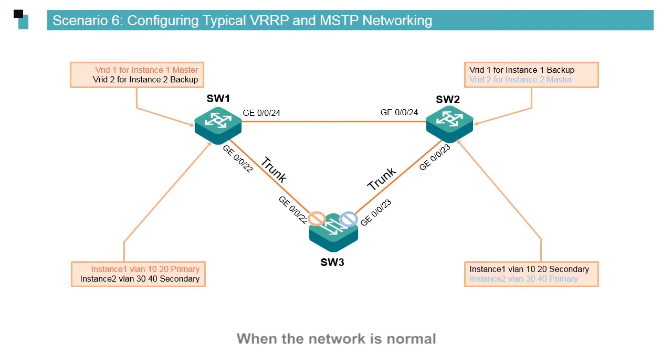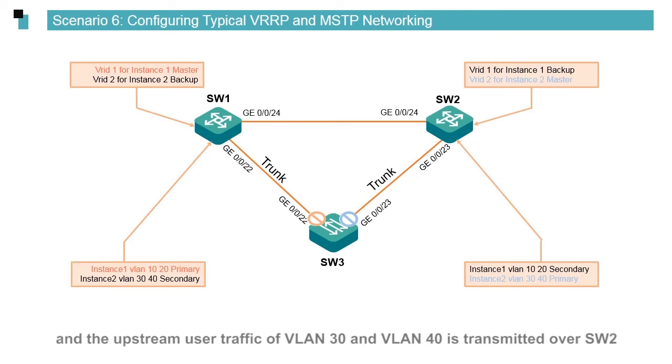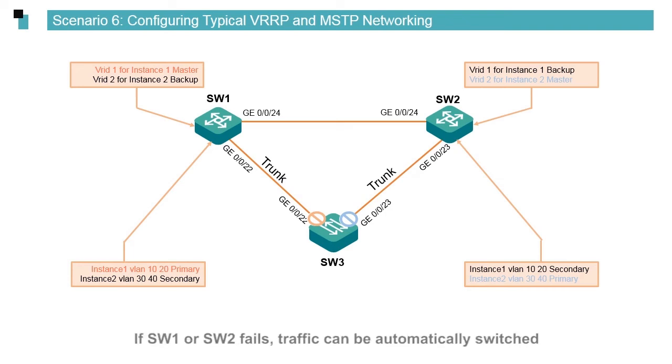When the network is normal, the upstream user traffic of VLAN 10 and VLAN 20 is transmitted over SW1, and the upstream user traffic of VLAN 30 and VLAN 40 is transmitted over SW2. If SW1 or SW2 fails, traffic can be automatically switched.